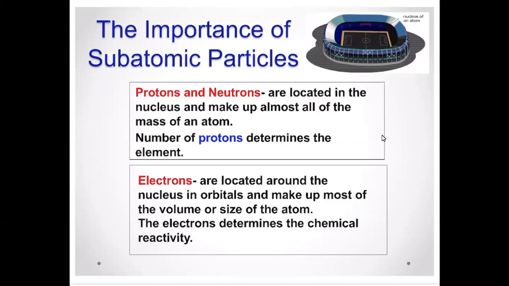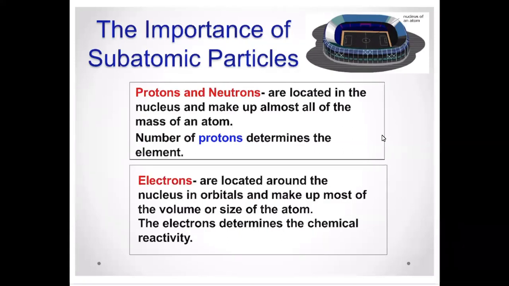As we'll learn in later chapters, they're found in orbitals, and they make up most of the size of the atom. And since the electrons are on the outside of the atom, that's what determines the reactivity of that atom, because it's the electrons that see the outside world. They're the ones interacting with other atoms.